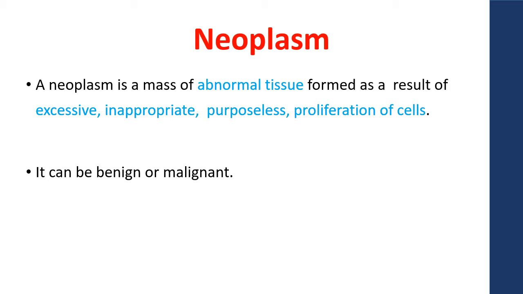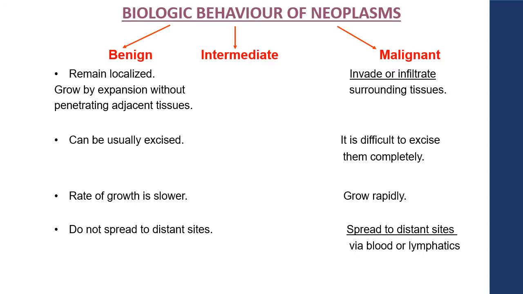We subclassify neoplasm into benign neoplasm and malignant neoplasm. What is the meaning of benign and what is the meaning of malignant? A benign neoplasm is a neoplasm that remains localized. There is no infiltration or invasion of the surrounding tissue.